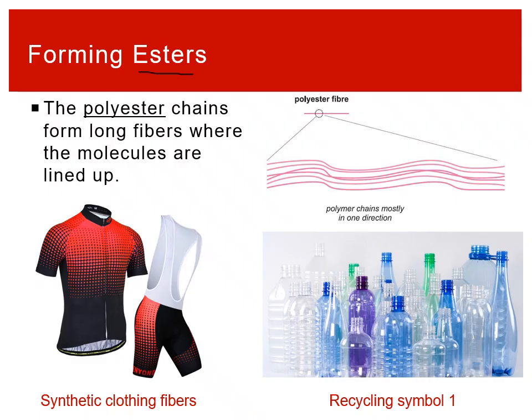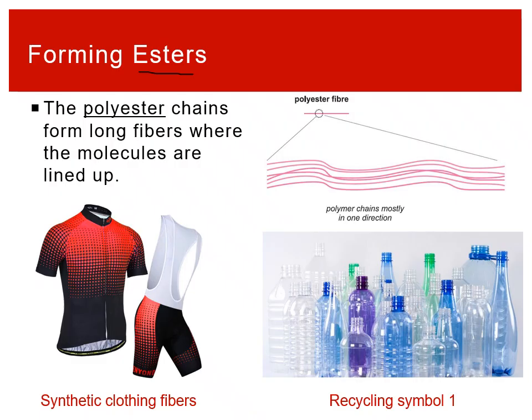Also, polyester is a really common plastic. Recycling symbol 1 is called polyethylene terephthalate. That is the molecule that I showed on the last slide. That is recycling number 1. It's really commonly used in soda bottles or a lot of single-use plastics. Those are all polyethylene terephthalate. It's a relatively easy plastic to work with.